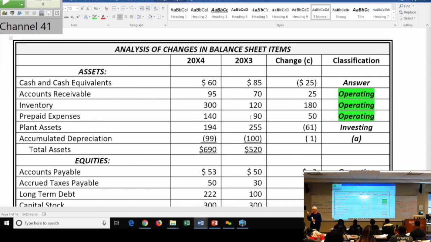All I need is the dollar. But the problem is, when you get to investing and financing, we have to use a gross change basis. And here, operating, I can use a net change basis.